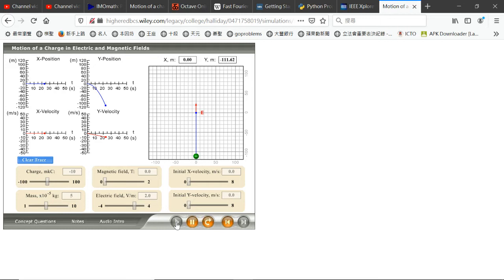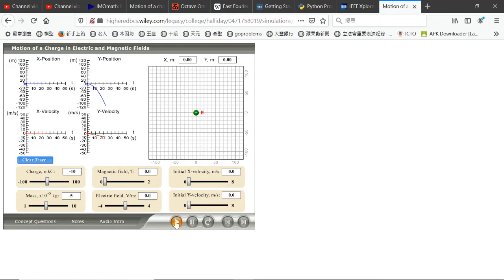Position x, y. Oh, I see, there's an electric field here, so it looks a little bit strange. It should be like this. I reset everything.